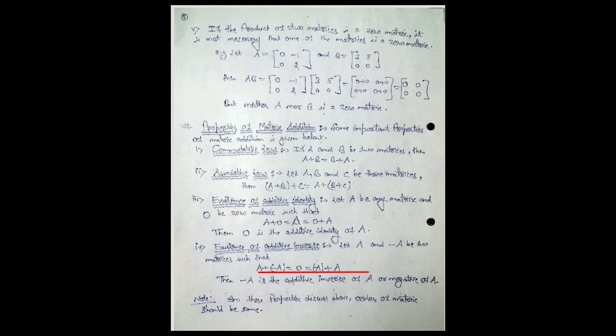If this happens, then minus A is the additive inverse of A, or we can say negative of A. In all these properties we discussed above, the order of the matrices taken should be the same, and we can prove all these properties easily by taking matrices of our choice.